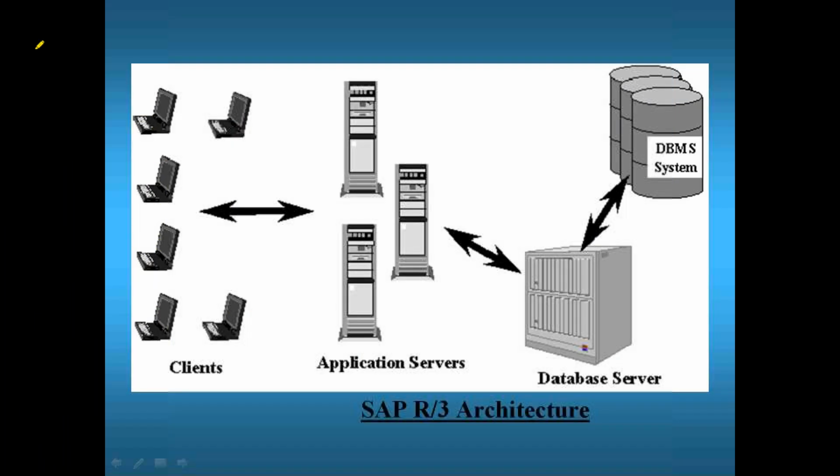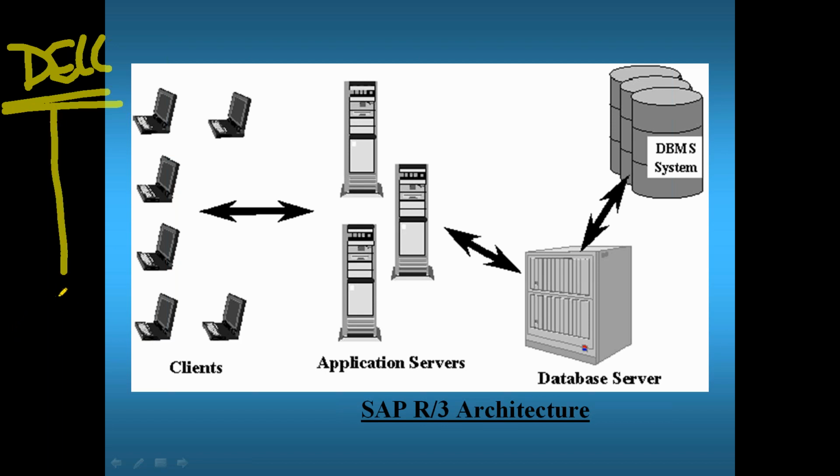Think about a call center. For example, your Dell laptop is having some issue. You call the helpline. It directly goes and hits the server. And from the server, the call will be moved to the location, the country where you are, say India. And here somebody is addressing you.